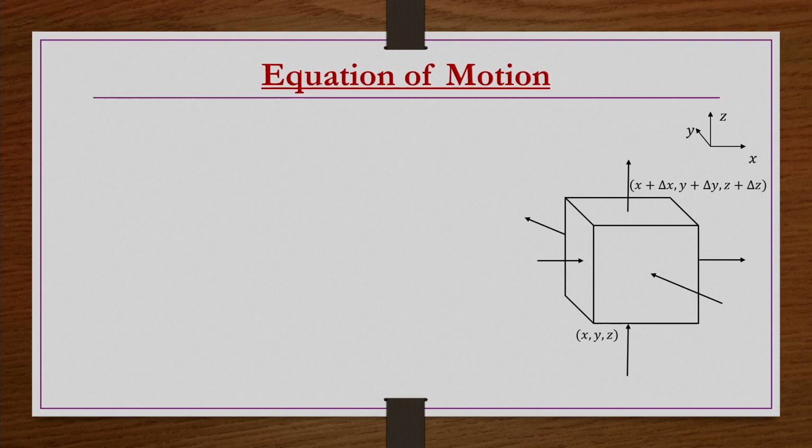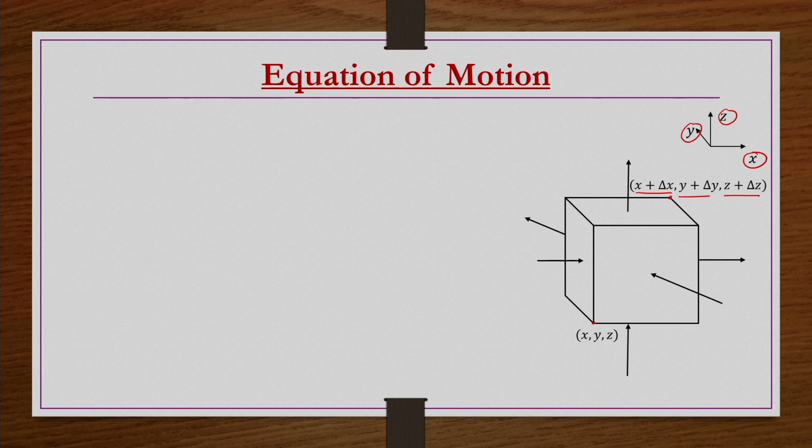Let us say this is the control volume that we are taking. If it is at x, y, z location, then this location is x plus delta x, y plus delta y, z plus delta z. In the coordinate system, the horizontal direction we have taken as the x direction, the vertical direction as the z direction, and the third direction is the y direction.